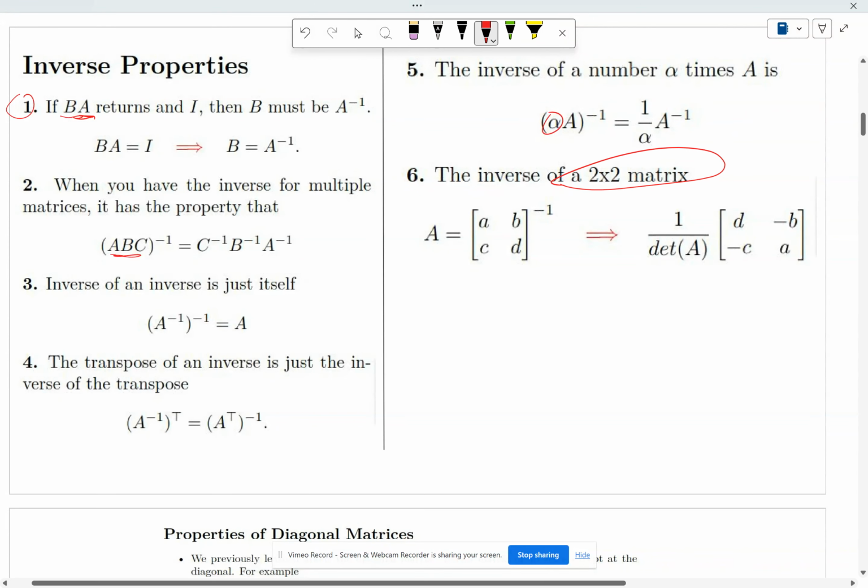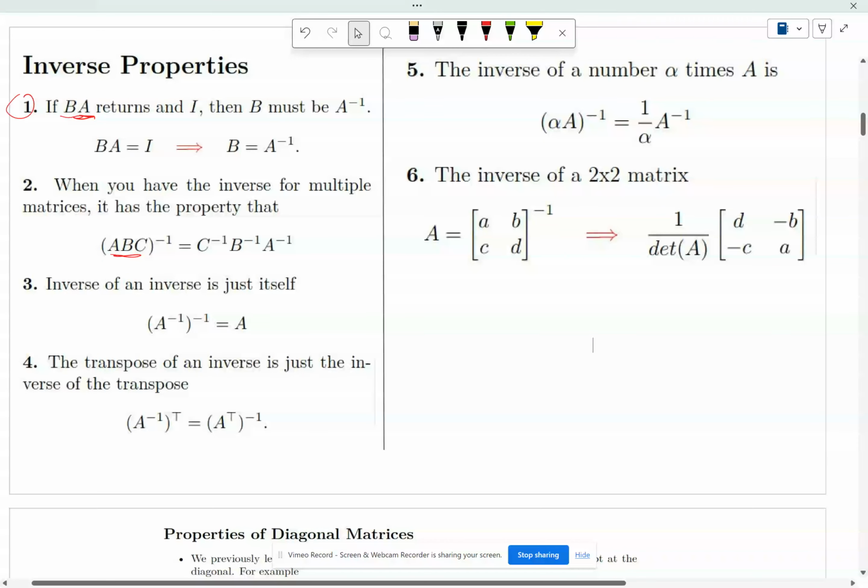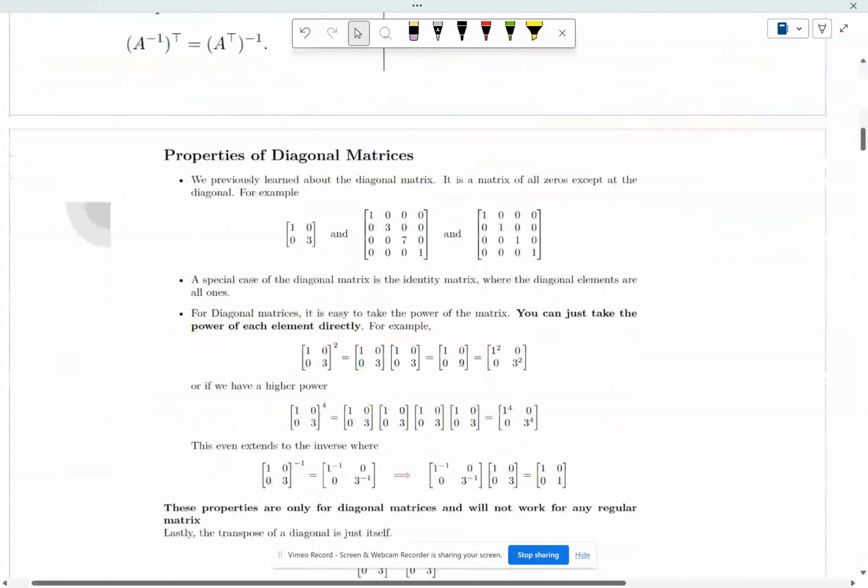The inverse of a 2 by 2 matrix, which we have gone through previously, is essentially 1 divided by the determinant of A, and then you flip these two, so AD becomes DA, and you put the negative on the others. The determinant of A, if you remember, is AD minus BC. So that's the inverse property.